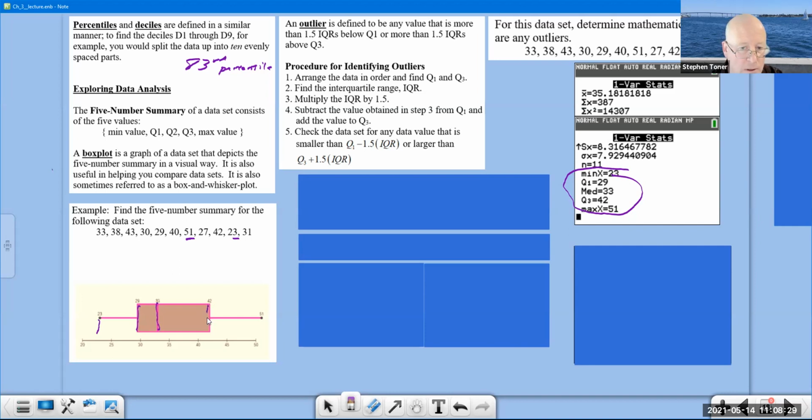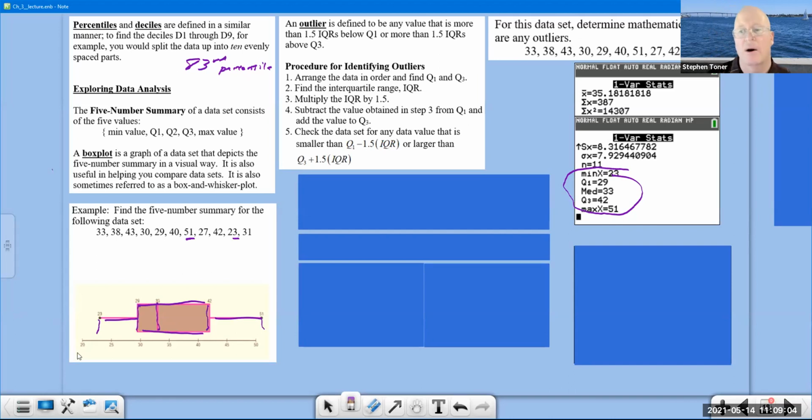You would draw a vertical line at the Q3 value, which is 42, and then you draw another vertical line or a dot off to the right. After you had done that, you would then connect the dots and draw this central box, and then draw these whiskers off to the far left and the far right. Now, we are going to have software that will do this for us, but that's how we will do it manually. I will show you how to do this on the calculator a little bit later.